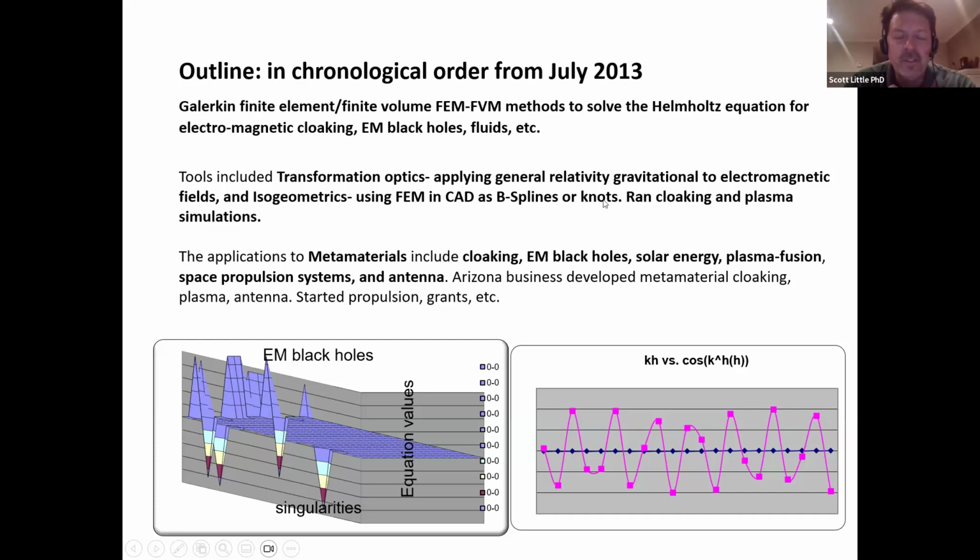And then isogeometrics, which uses finite elements in CAD with B-splines and knots to show nodes and singularities, and running cloaking plasma simulations. Then there are applications to metamaterials, cloaking, electromagnetic black holes, plasma fusion, solar energy, and space propulsion. That's the plasma and antenna work, and my business developed this cloaking and plasma antenna technology.